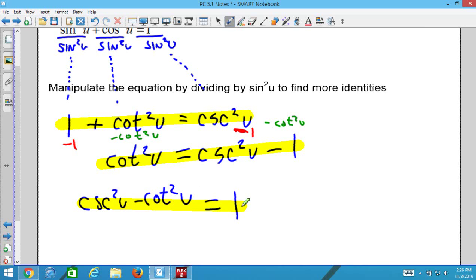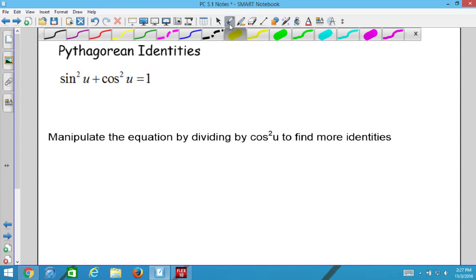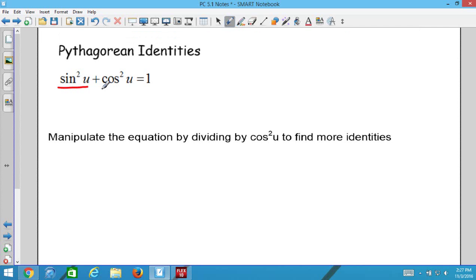All right, then the seventh one. I'm going to start at the original equation again, and I'm going to manipulate it by dividing everything by cosine squared u. I'm allowed to do that. That is the division property of equality, as long as I do it to both sides of the equation.